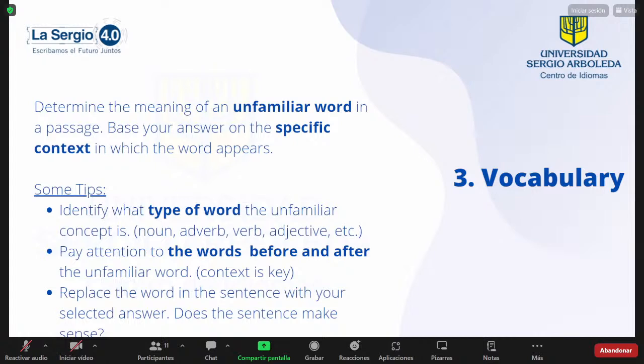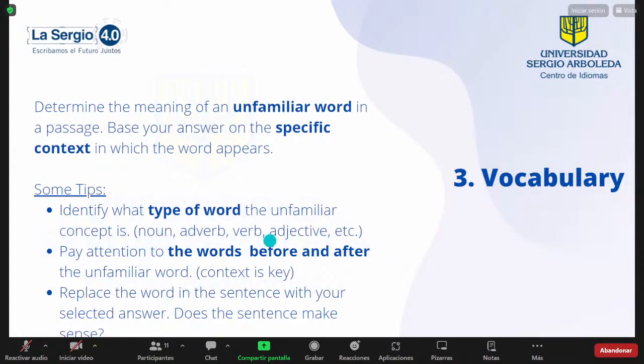So here, for example, an unfamiliar word maybe was tiny, in the passage. Base your answer on the specific context. Sometimes, as we worked on yesterday, you can just guess the meaning from the context, even if you don't know all the words. It's very important to identify the type of word, and it's very important for grammar. Tiny, tiny hairs.